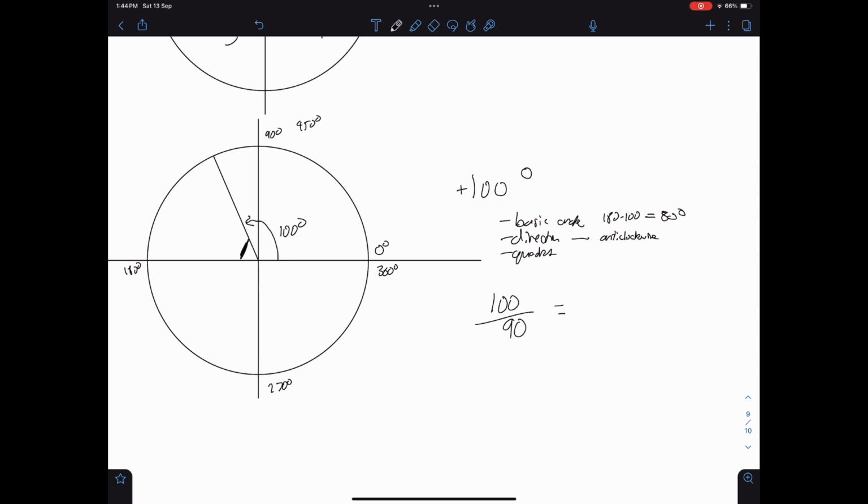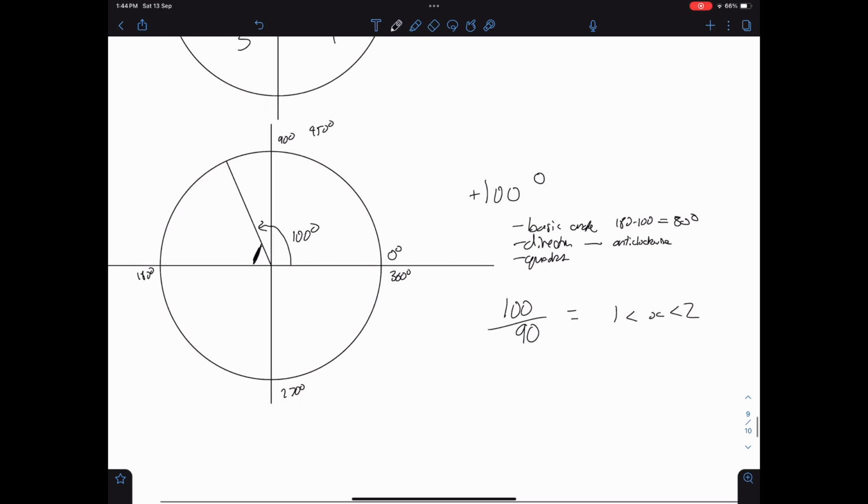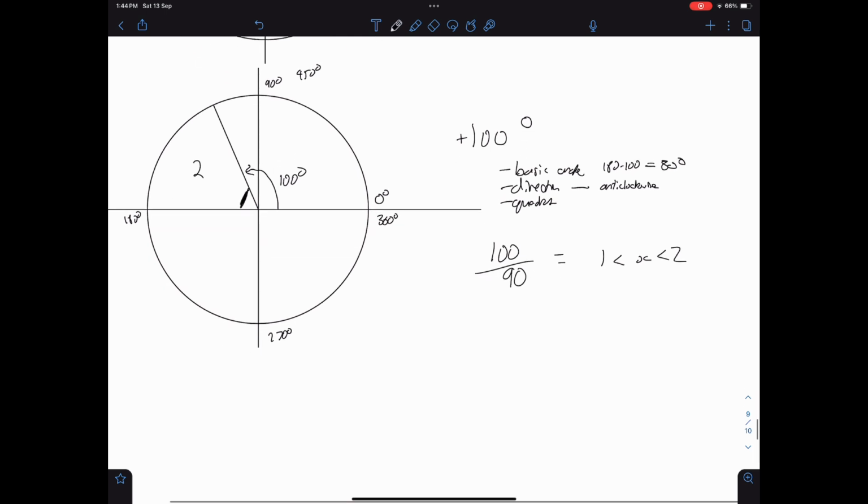And then because it's given you something between a multiple of 1 and a multiple of 2, so it's between 1 and 2, then that would tell you that it is between 90 and 180. So it's in the second quadrant.